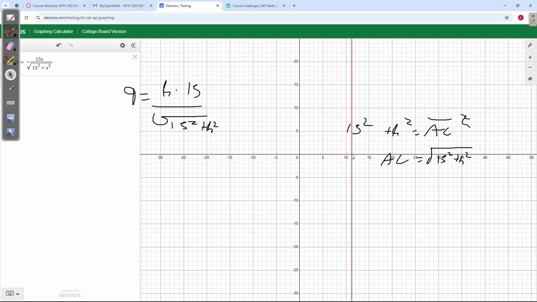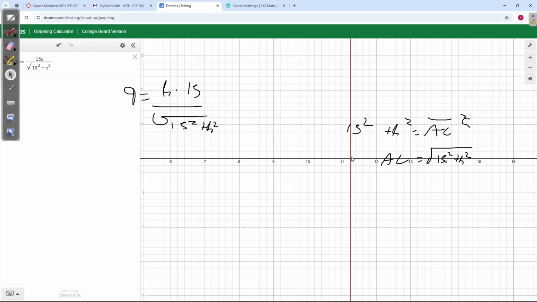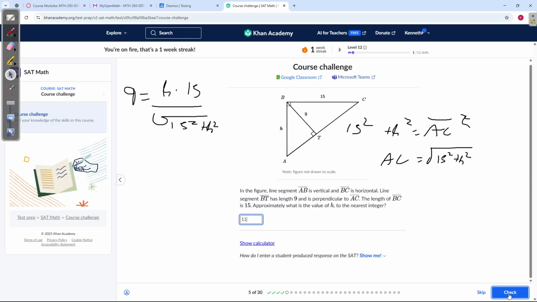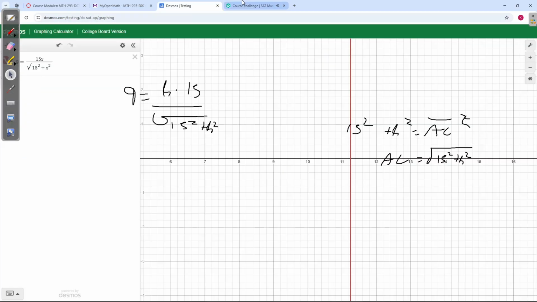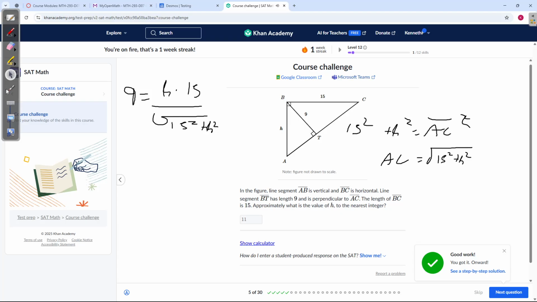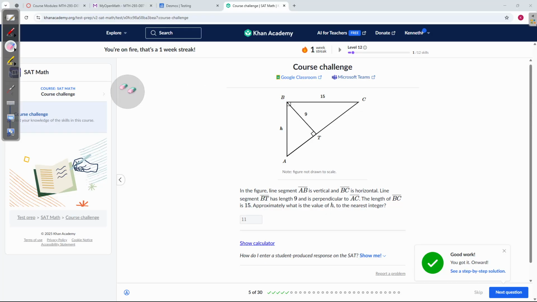And we get closer to 11 than 12, and it asks for the nearest integer, so let's just say 11. Right? Well, it's not that hard. You kind of just have to memorize that the altitude is leg 1 times leg 2 over the hypotenuse. They may want you to do it a different way, but I feel like that's the easiest thing to memorize.